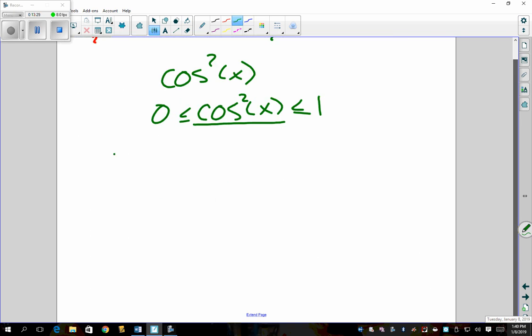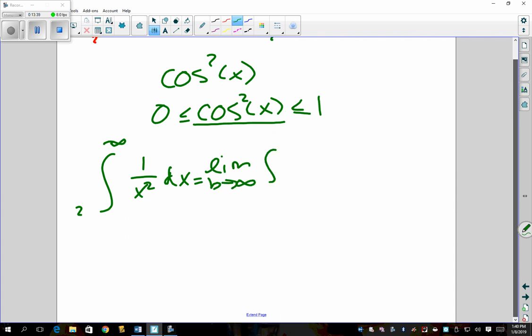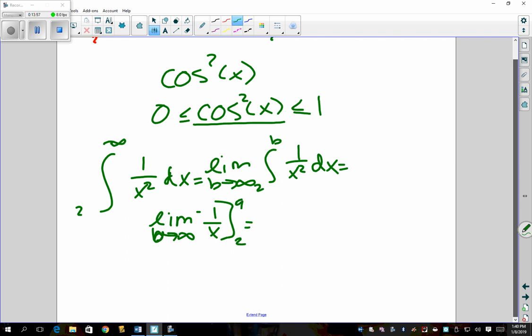So if we take from 2 to infinity, 1 over x squared dx, we can break that up: the limit as b approaches infinity from 2 to b, 1 over x squared dx. This turns into the limit as b approaches infinity, negative 1 over x from 2 to b.